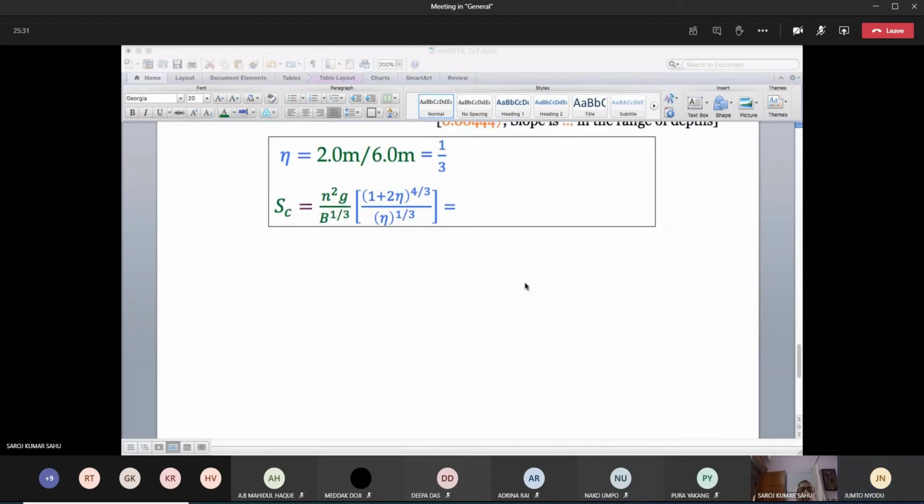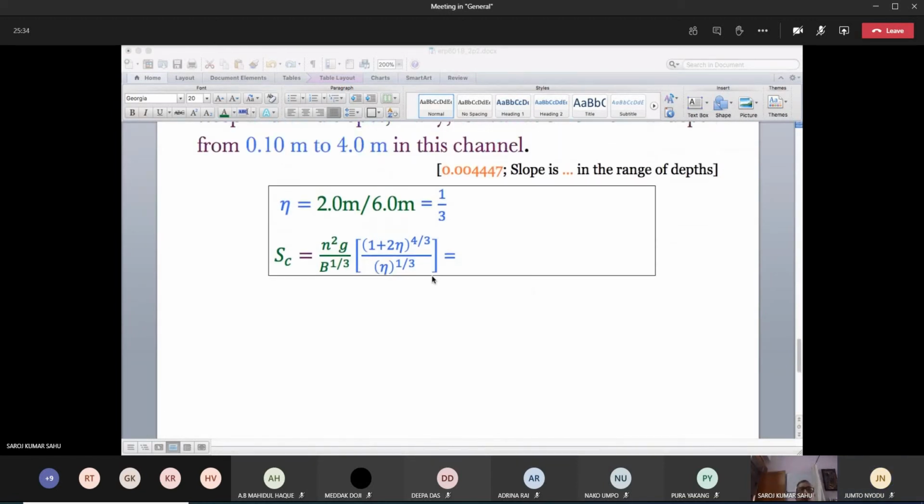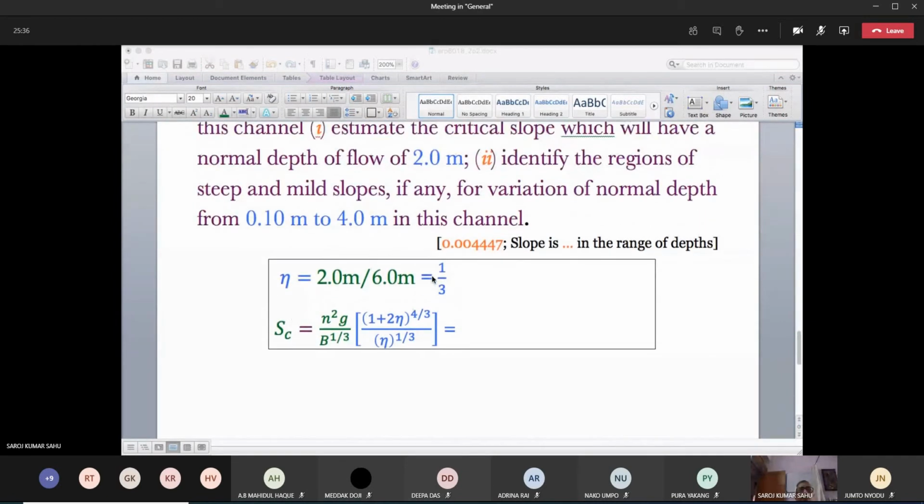So substitute eta equal to 1 by 3 and the rest of the terms from this expression.